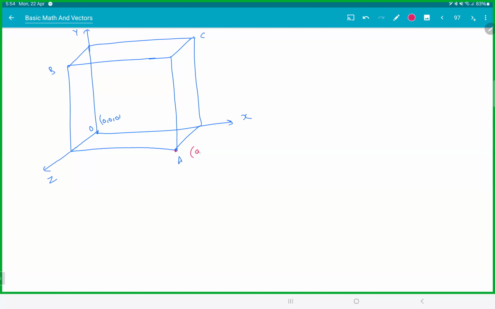These points will be A, 0, A; this point will be A, A, 0; and this point will be 0, A, A. Agreed, everyone? And this is 0, 0, 0. So from here, you can find OA bar is A I cap plus A K cap. So OA cap, that is a unit vector, will be I cap plus K cap by root 2.